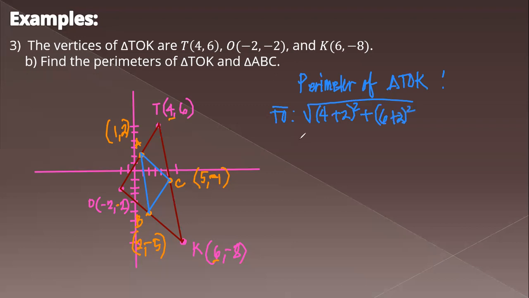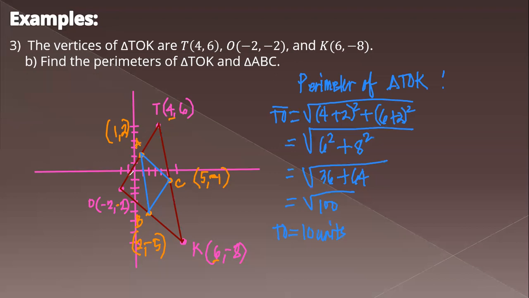So that is equal to 4 plus 2 is 6 square, plus 8. 6 plus 2 is 8 square. So that is equal to 36 plus 64. And that is equal to the square root of 100. Meaning TO is equal to 10 units.